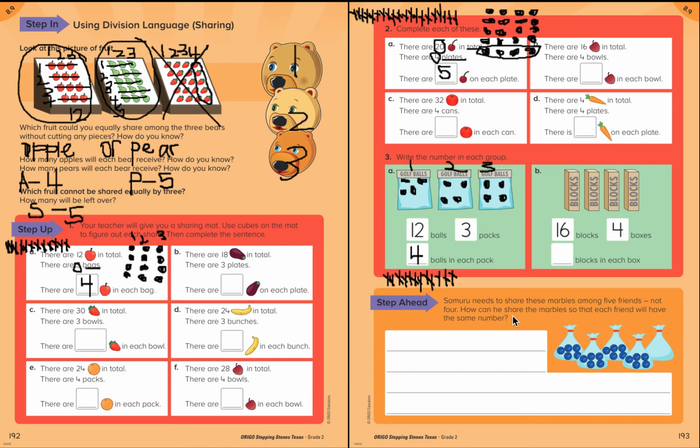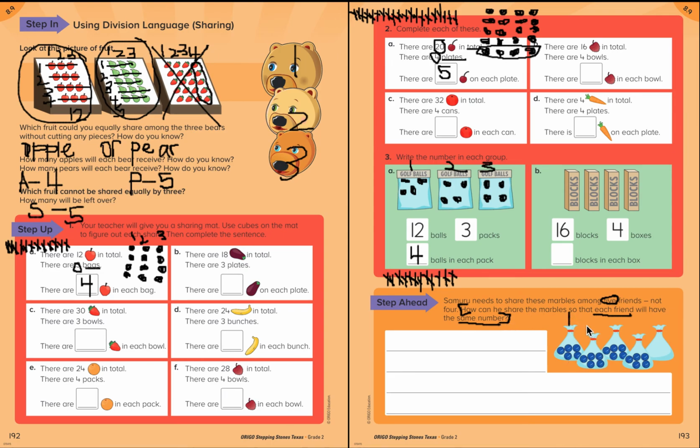It says Samaru needs to share these marbles among 5 friends. How can he share the marbles so that each friend will have the same number? So they already drew.